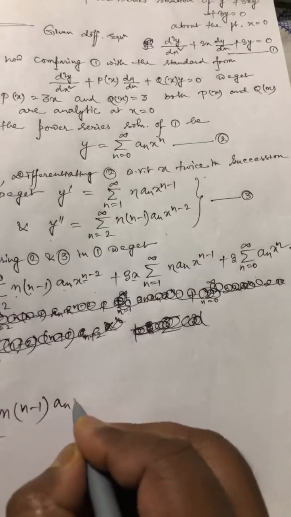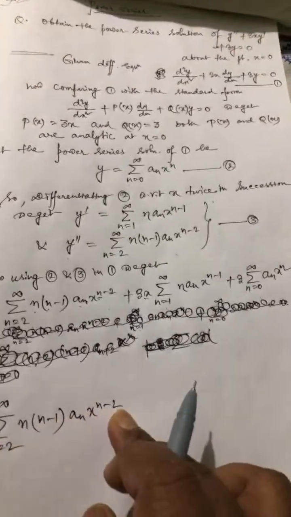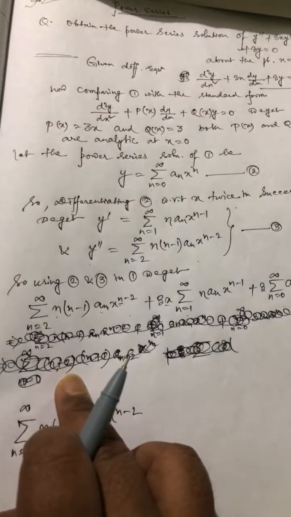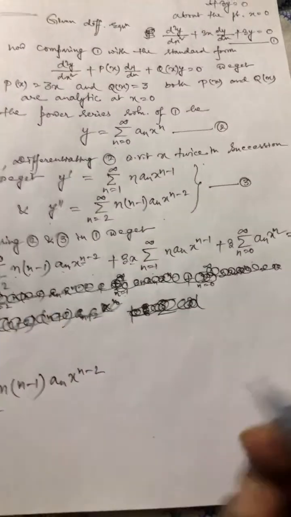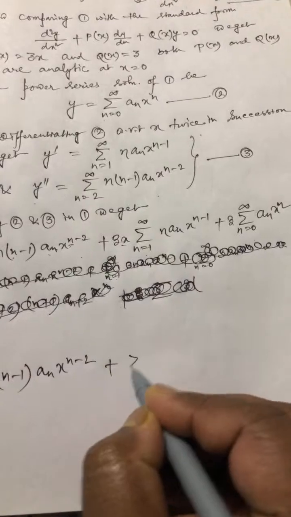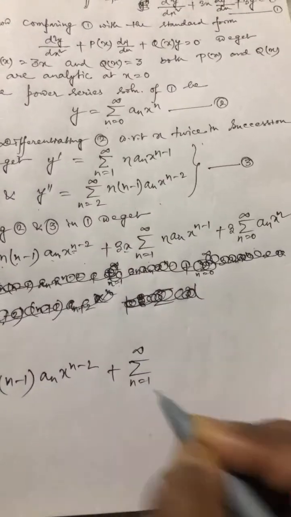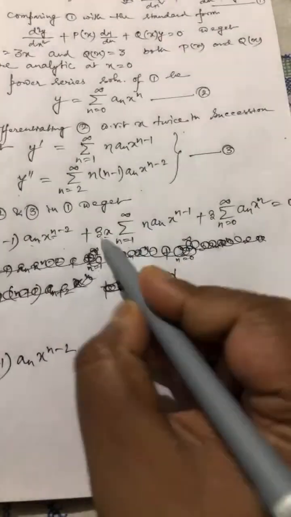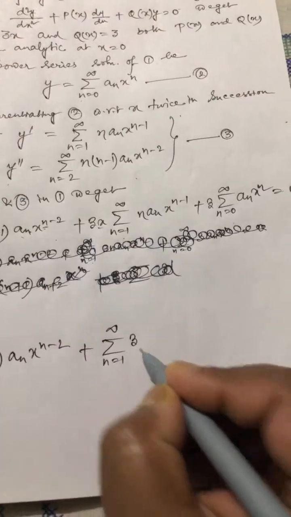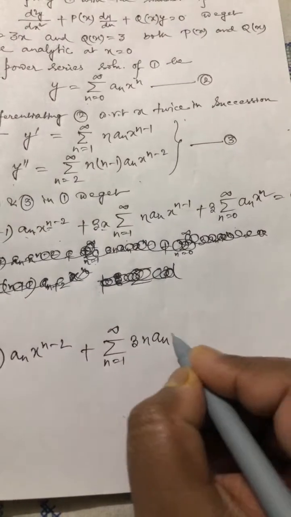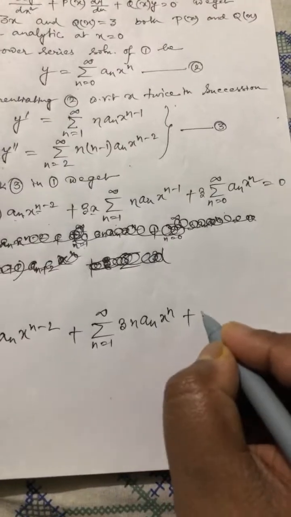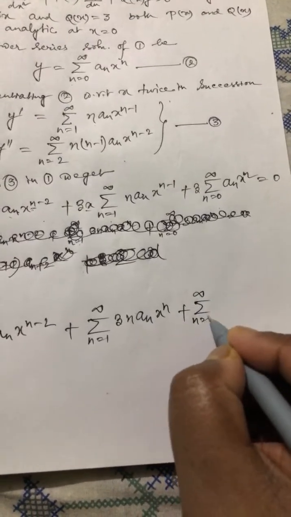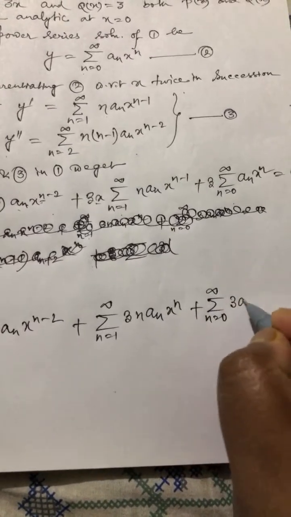Let me show you step by step. Initially I am writing this step, then I will write the previous step again that I omitted. Then you will see summation n equals 1 to infinity 3 n a n x to the power n, then summation n equals 0 to infinity 3 a n x to the power n.